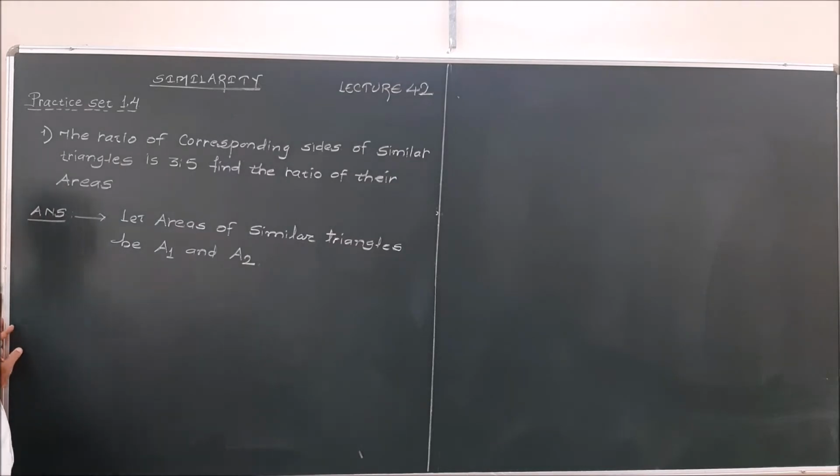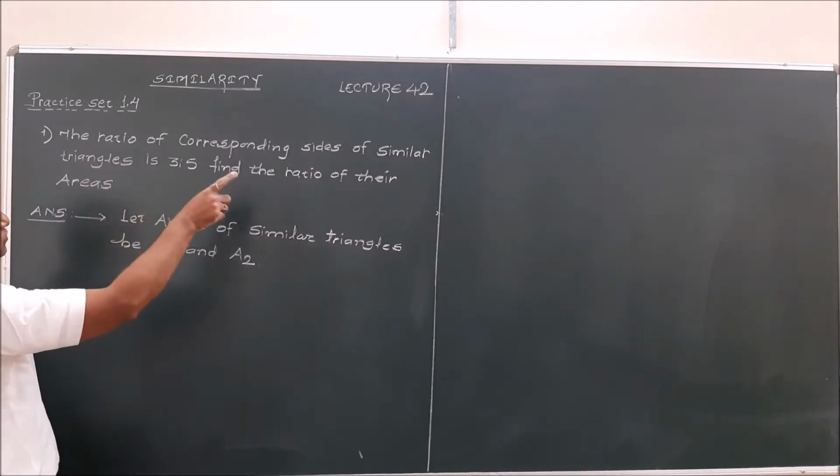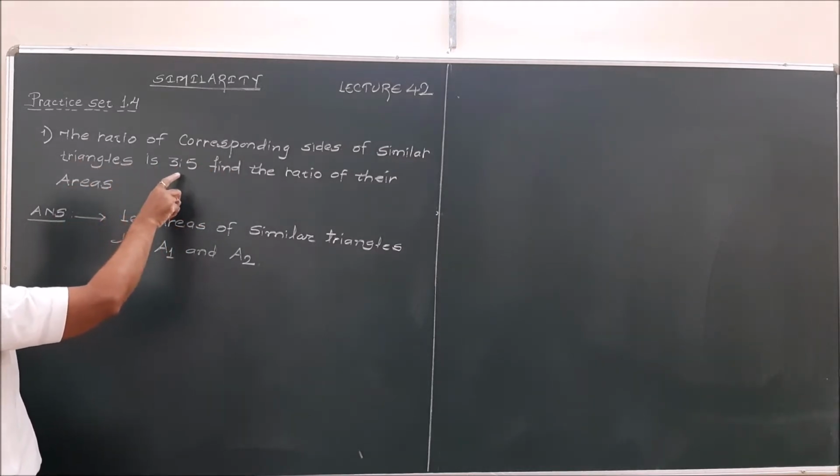The ratio of corresponding sides of similar triangles is 3:5.